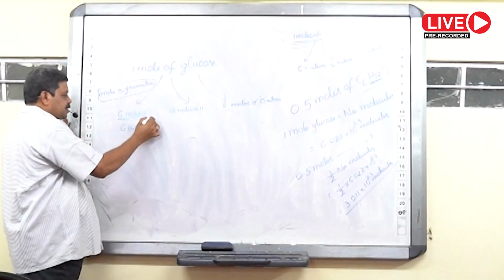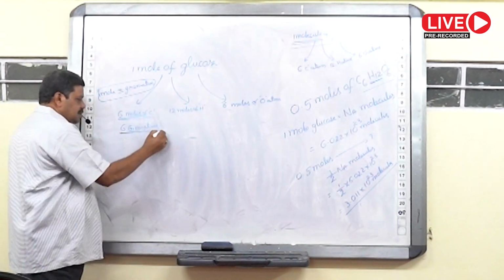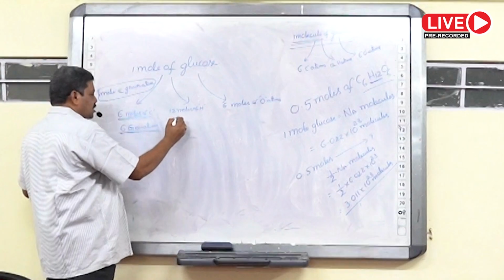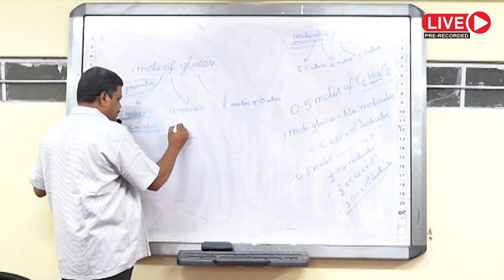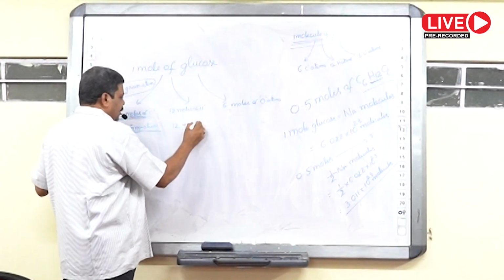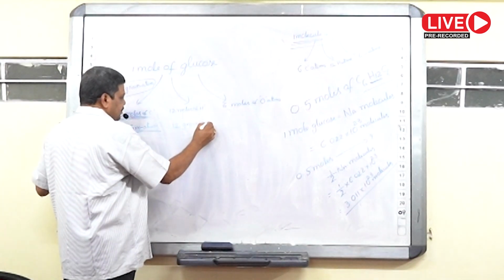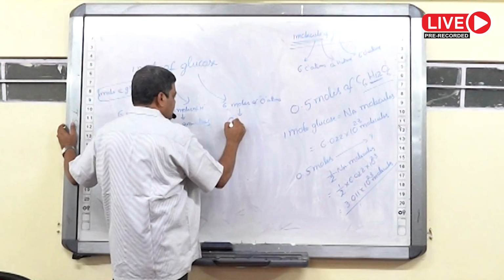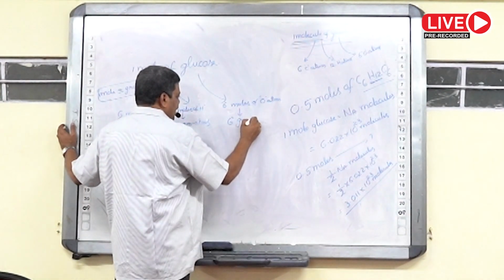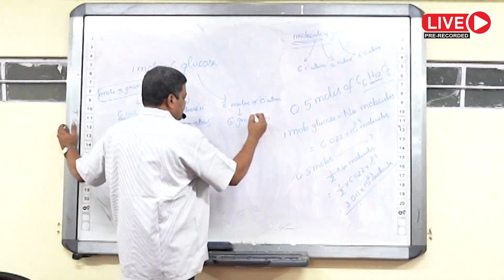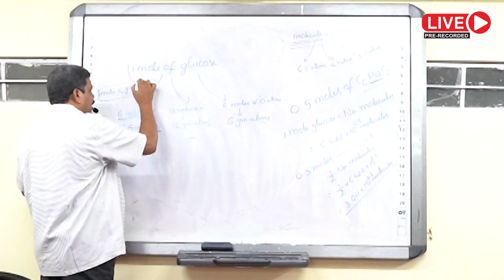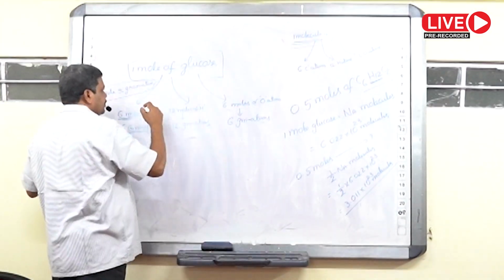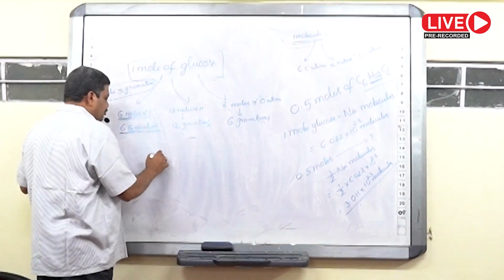So 6 moles means how many gram atoms? 6 gram atoms. 12 moles means how many gram atoms? 12 gram atoms. Again here 6 gram atoms, if you take 1 mole, but here we have taken half mole.